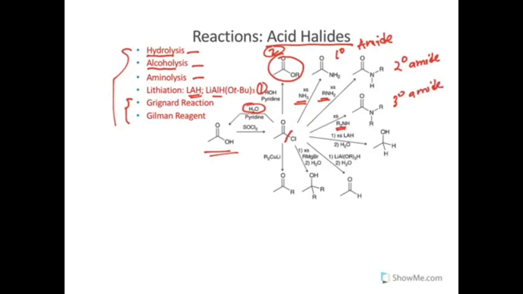In these cases, we require excess of the ammonia or amine compound because the product that's generated is an acid, and the excess amine helps to neutralize the acidity. With hydrogen nucleophiles, we can perform a reduction to generate a primary alcohol, or we can do a reduction using a bulky hydride.